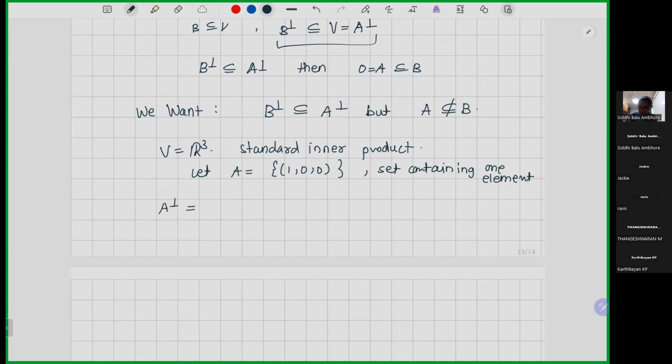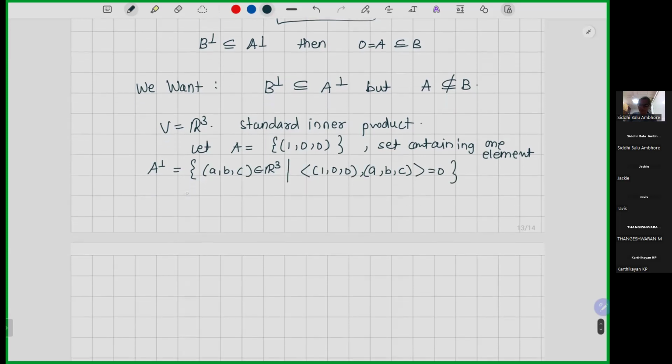Let us find orthogonal complement of A. It is the set of all (a, b, c) in R3 such that the inner product of (1, 0, 0) with (a, b, c) is 0, right? We don't need for all v in A and so on, because the only element is (1, 0, 0). So (a, b, c) in R3 such that a is 0.